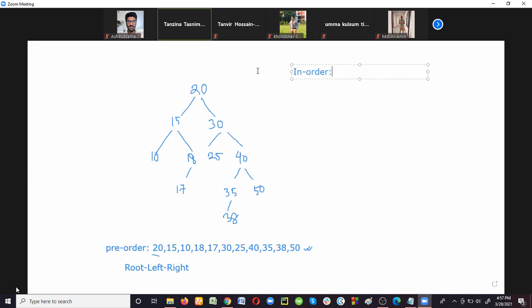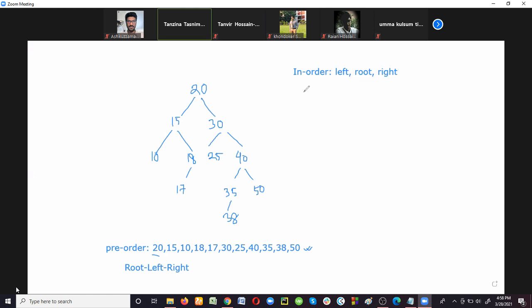So in in-order traversal method, at first the left subtree will be processed, and then the root node, and after that the right subtree. Clear? In the previous one, in pre-order traversal, the sequence was root, left, right, but now the sequence is left, after that root, because it's in-order traversal, and then the right node.